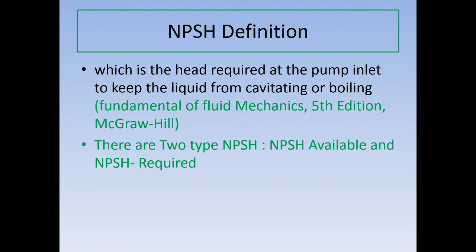To make a simple definition, let's say your pump operates at 100 cubic meters per hour, and at that specific point in the test lab of a pump manufacturer, it needs around, let's say, 3 meters of head at the suction when the cavitation starts.